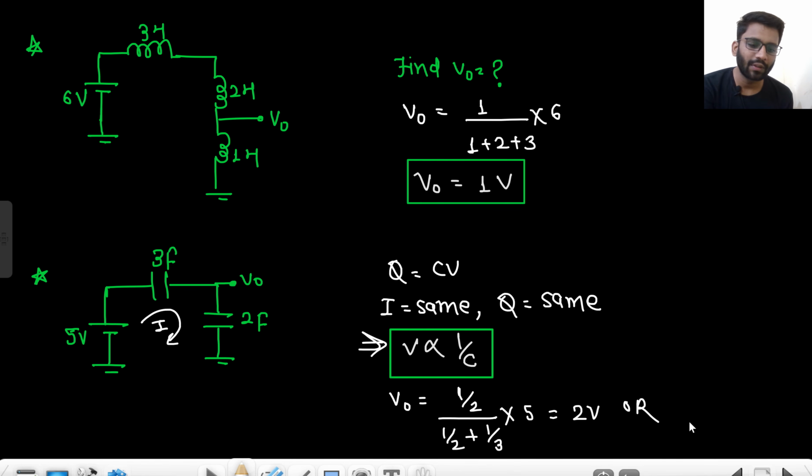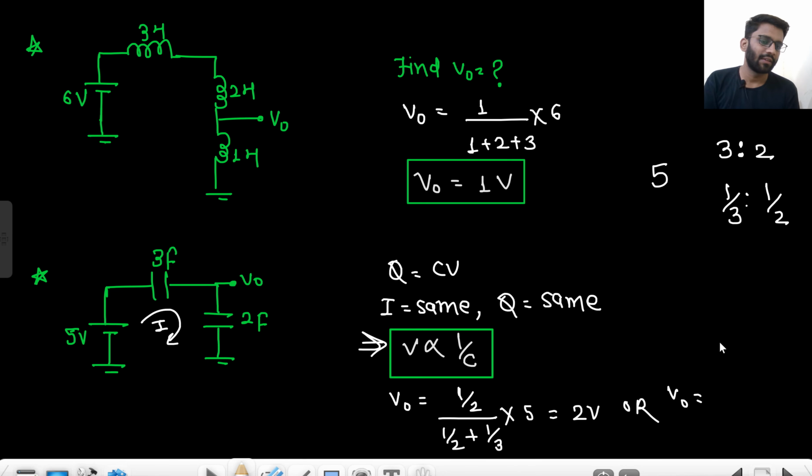Or what you can do? You have to divide it in inverse proportion. Divide like you have 5 toffees. You have to divide it in inverse proportion of 3:2. That means you can write it as 2:3 you need to divide.